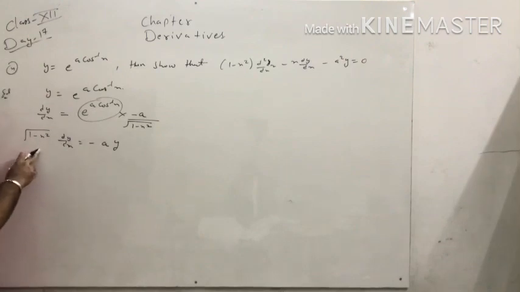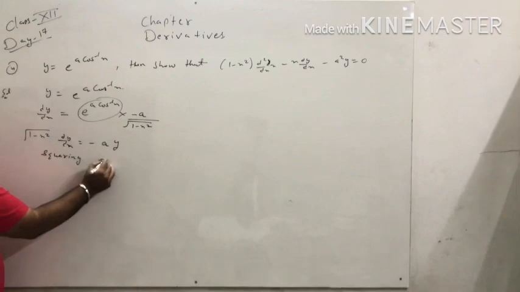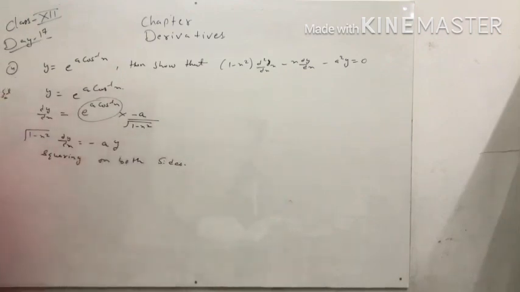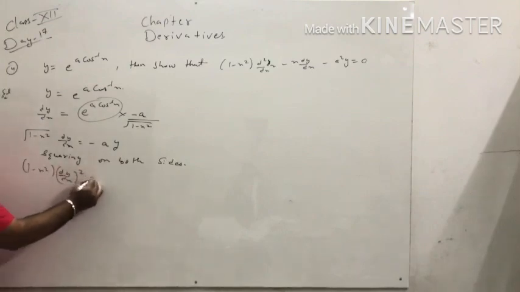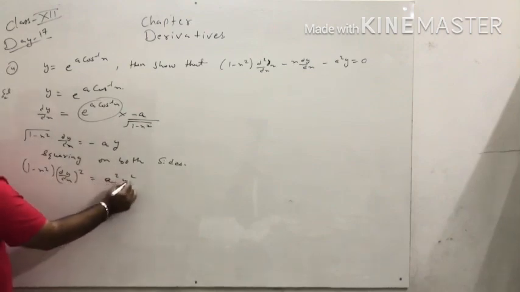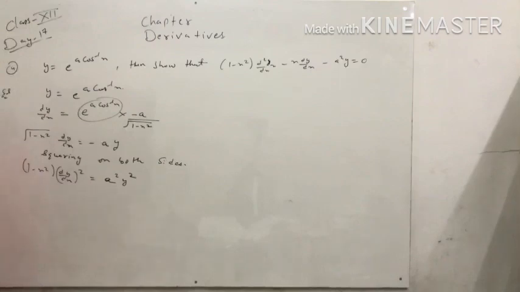To eliminate root, we square on both sides. So this becomes 1 minus x square (dy/dx) whole square. This becomes a square y square. Again differentiate with respect to x.